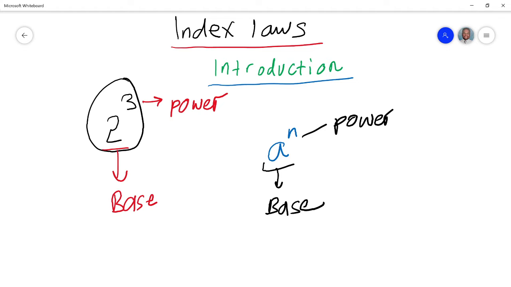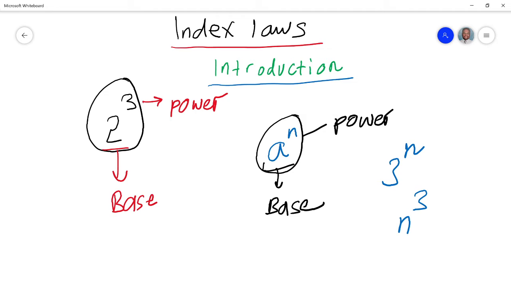Sometimes you'll be dealing with letters like a to the power n, or a power which has a number or a letter, for example 3 to the power n, or even n to the power 3. So please remember that with index laws, you have to deal with numbers and letters.